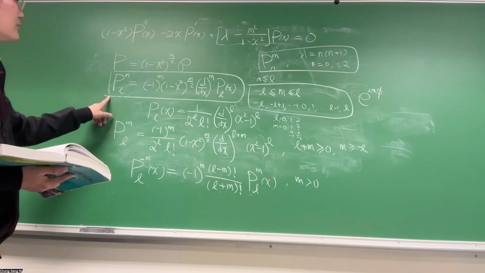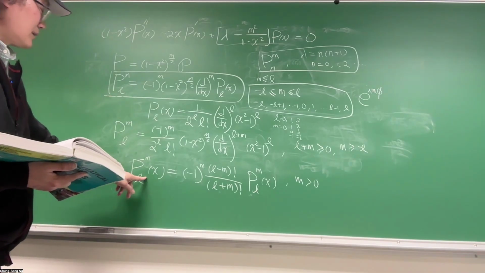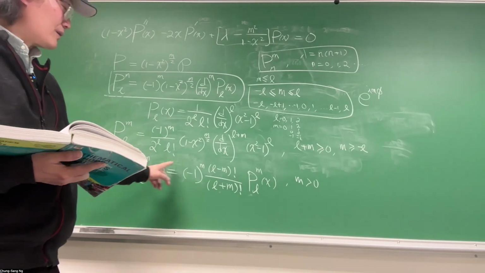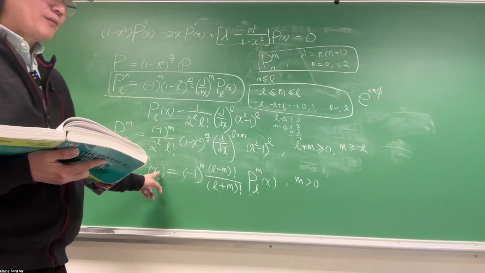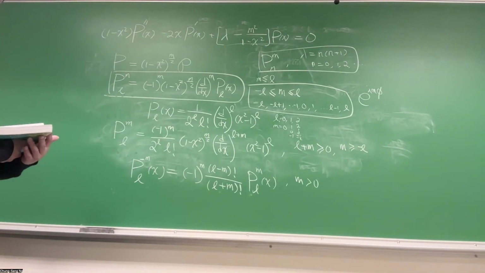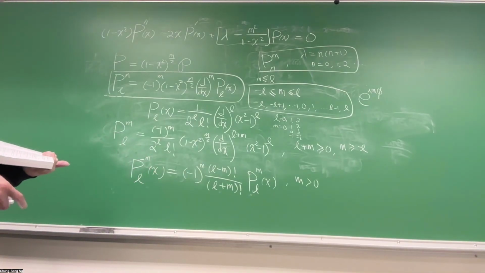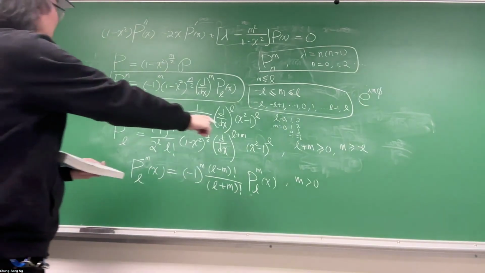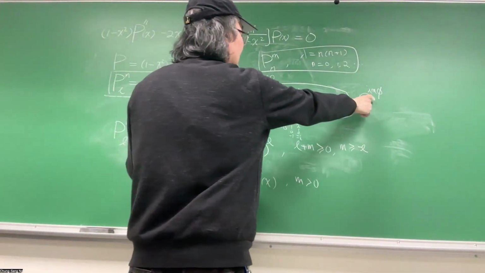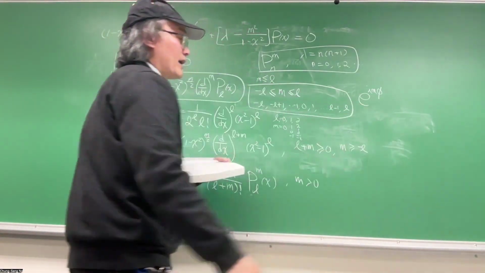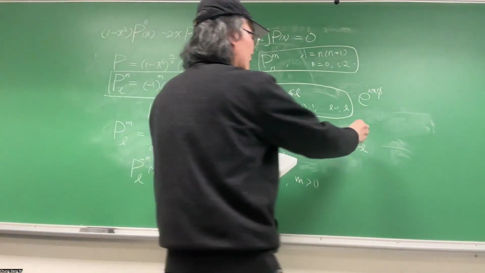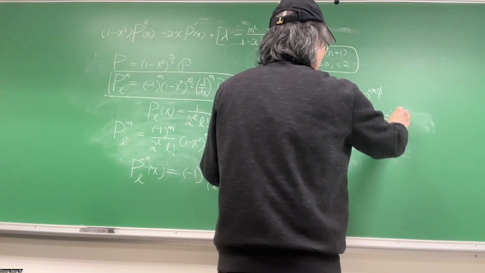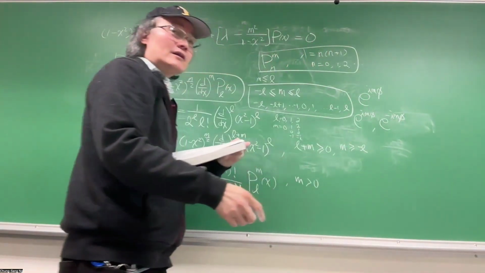If you just use the associated Legendre function to do the expansion, then obviously you don't sum over all the m, because that becomes redundant for positive m and negative m, right? But the spherical harmonics becomes useful in the sense that it's multiplied by e to the im phi, and e to the im phi and e to the minus im phi are linearly independent.